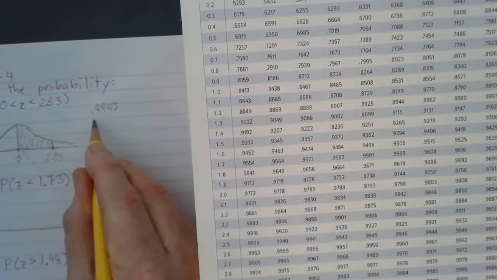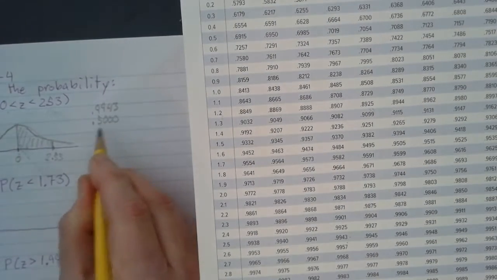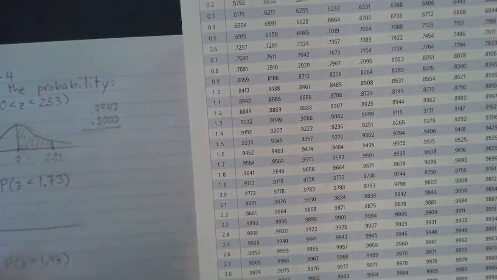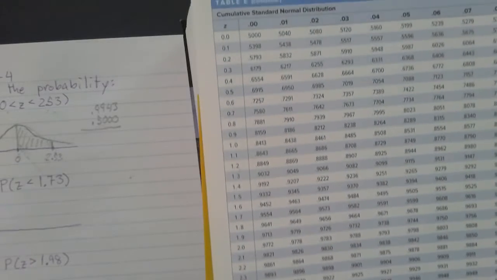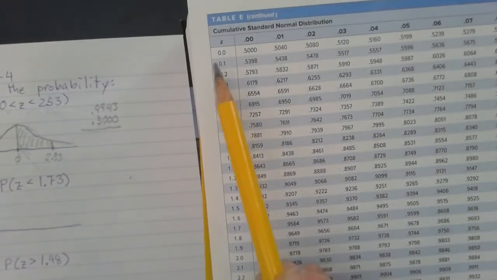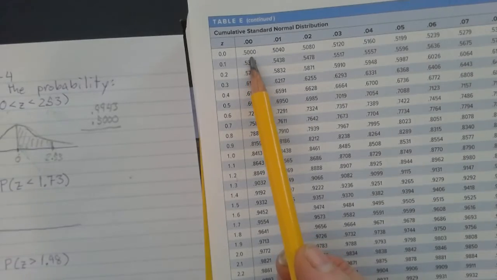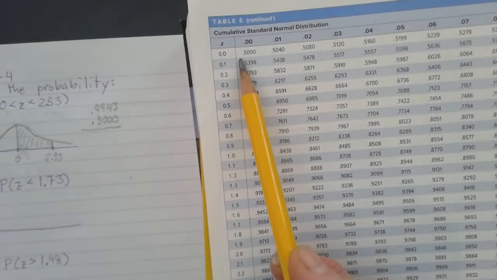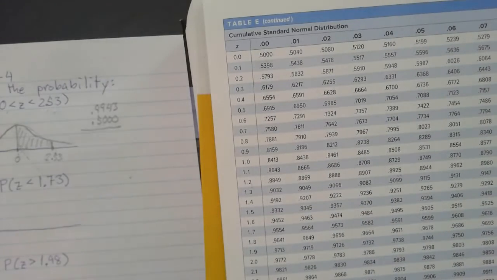So I can just pencil in 0.5000. If you don't believe me, convince yourself. Here is 0.00, and that is exactly 0.5, like it says. We didn't even have to look that up.